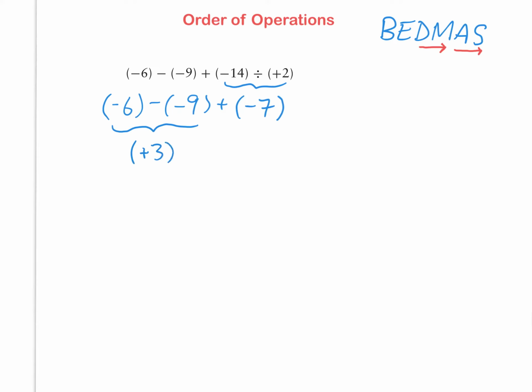I'm going to rewrite everything where it was. I've got plus negative 7 underneath. My last thing to do is this last little integer calculation. If it was positive 3 and I added 7 degrees of coldness, the temperature is going to drop 7 from positive 3, which means my answer will be negative 4. And that's the solution.